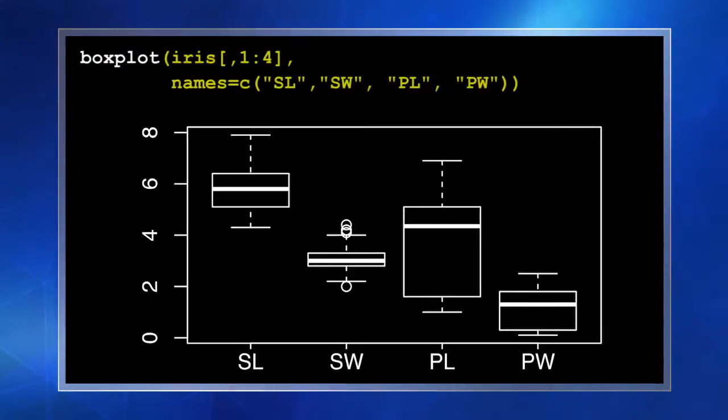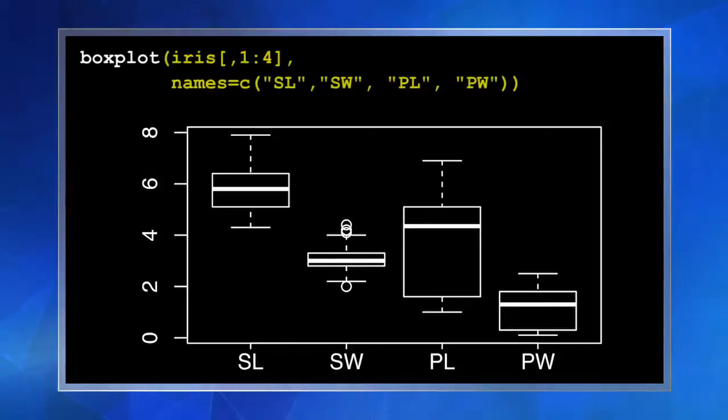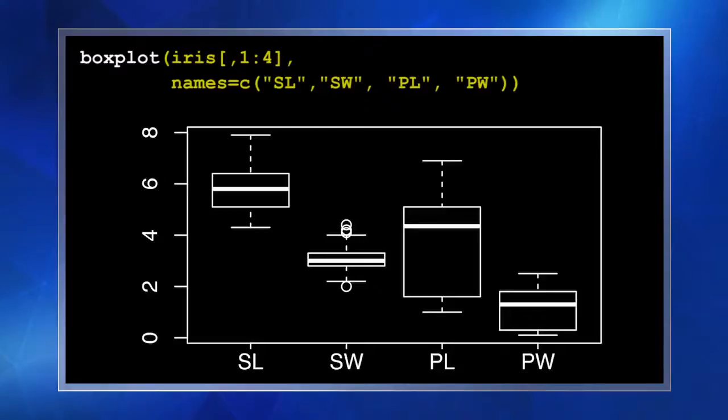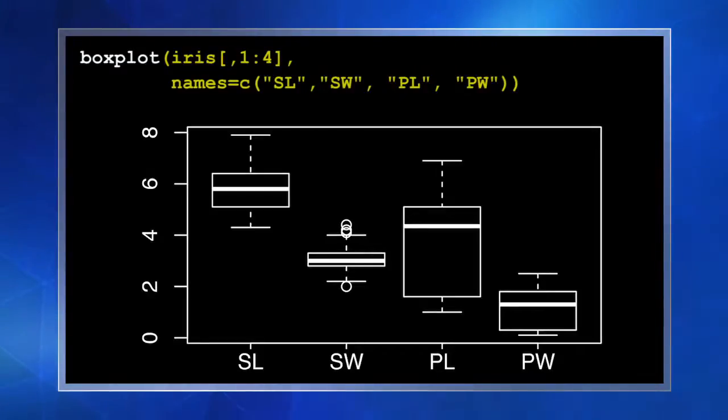Petal length, look at the spread there. Notice the interquartile range for that is the largest among the 4. In fact, the interquartile range of petal length encompasses the sepal width values. And look at sepal width, super tight with some outliers in there, but that's probably the smallest distributed variable.